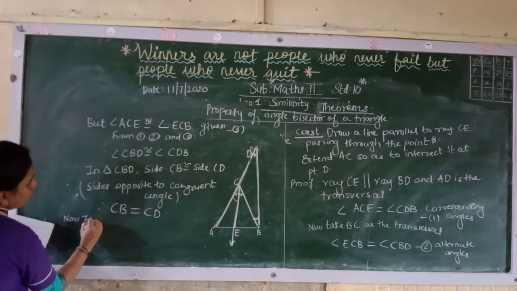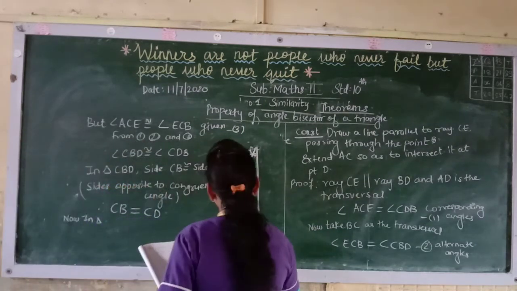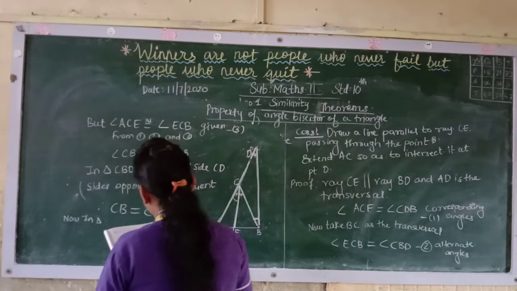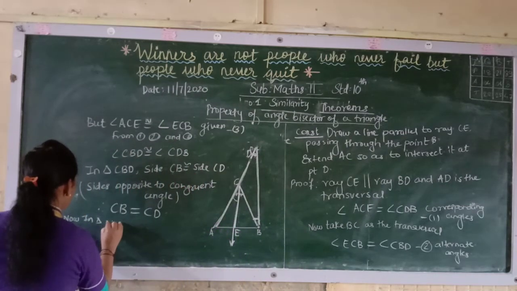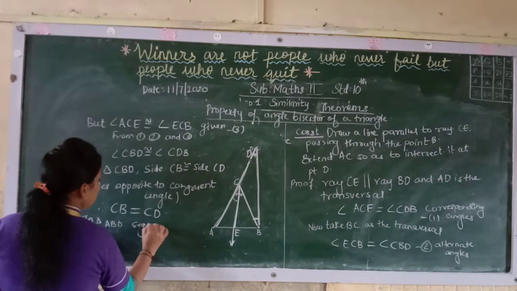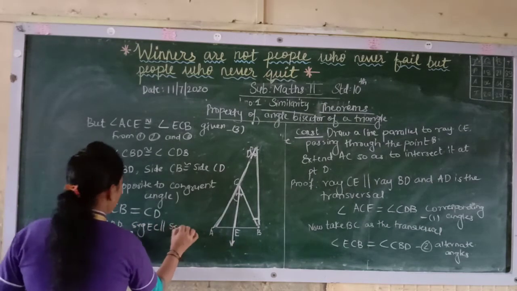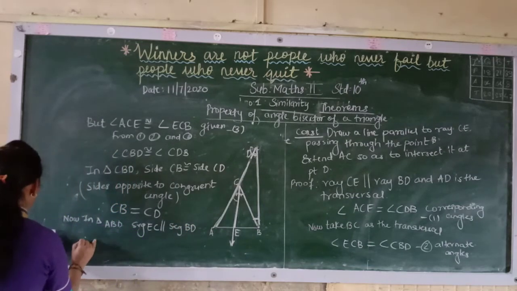Now see the triangle ABD. In triangle ABD, segment EC is parallel to segment BD. This we did by construction. So what you will get?